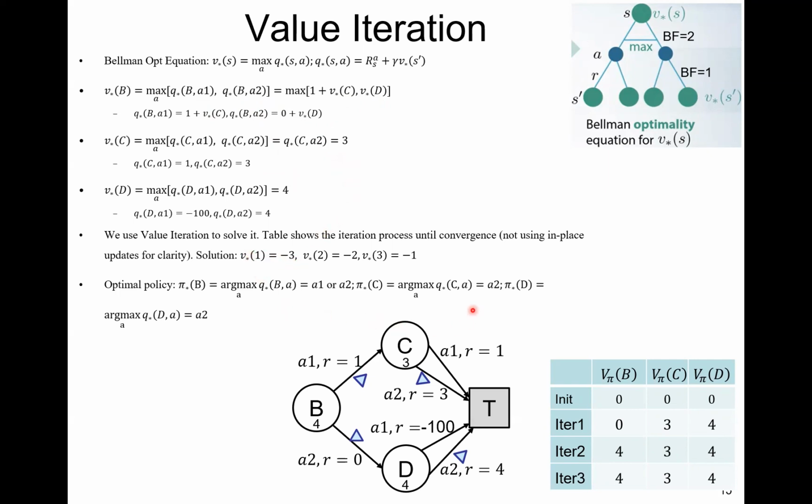I won't show the detailed steps, but the table shows the evaluation steps, and it converges to 434. And then you extract the optimal policy by taking argmax, so from B, you can go to either A1 or A2, and so on.